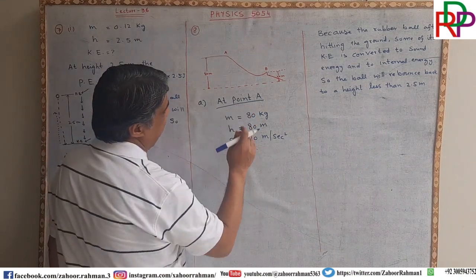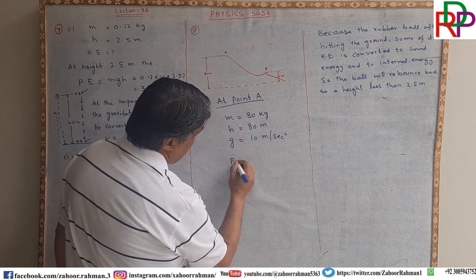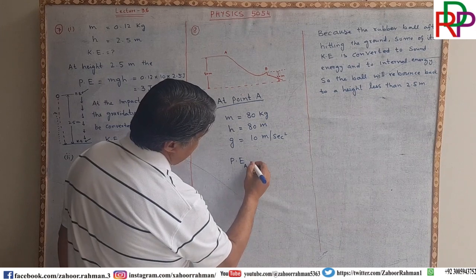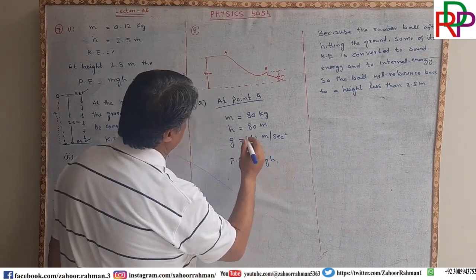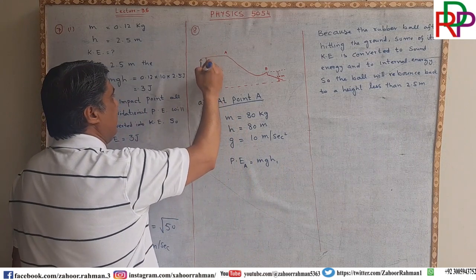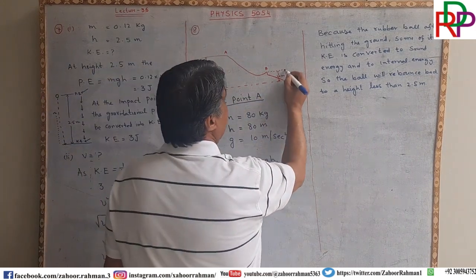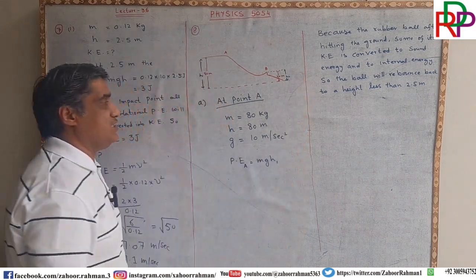First, we are finding potential energy at point A. So, potential energy at point A will be equal to mgh1. We are considering this is h1 and this is h2, which is 20 meter.